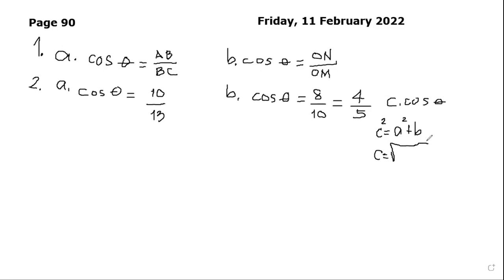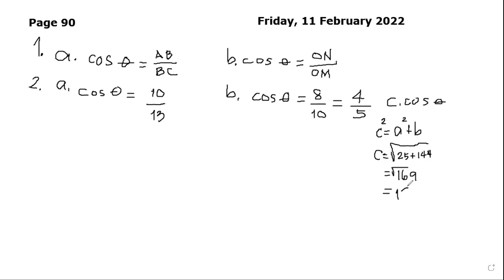So 5 squared is 25 and 12 squared is 144. 144 plus 25 is the square root of 169, which equals 13.